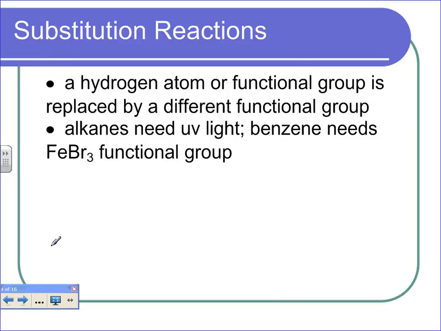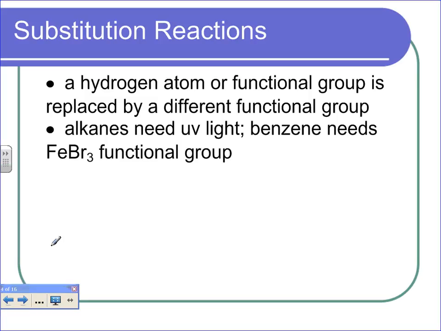The next type of reactions are substitution reactions. And these are connected to addition reactions by the way of the fact that they cover the other hydrocarbons that we've not yet discussed. So in addition reactions, those involve alkenes and alkynes.